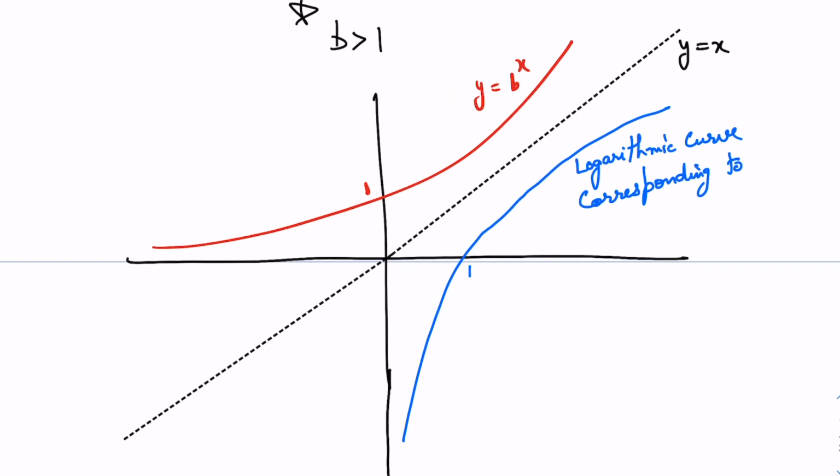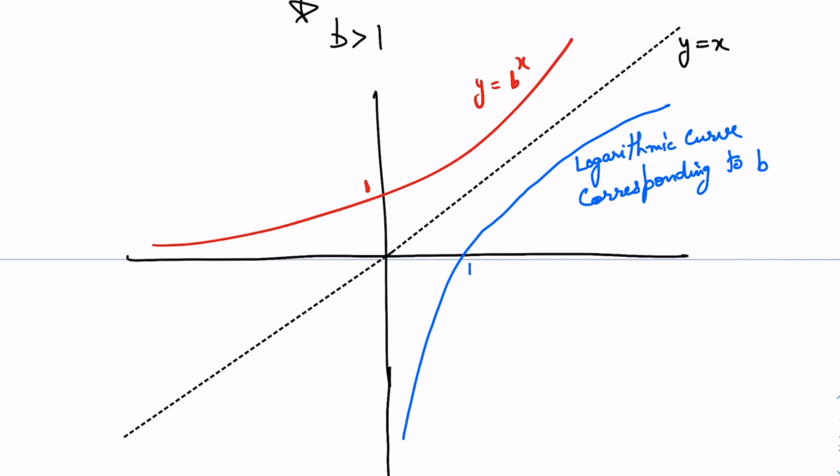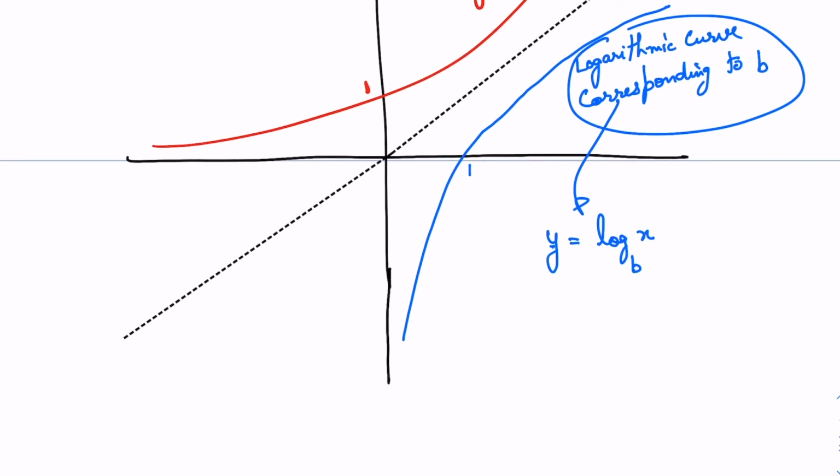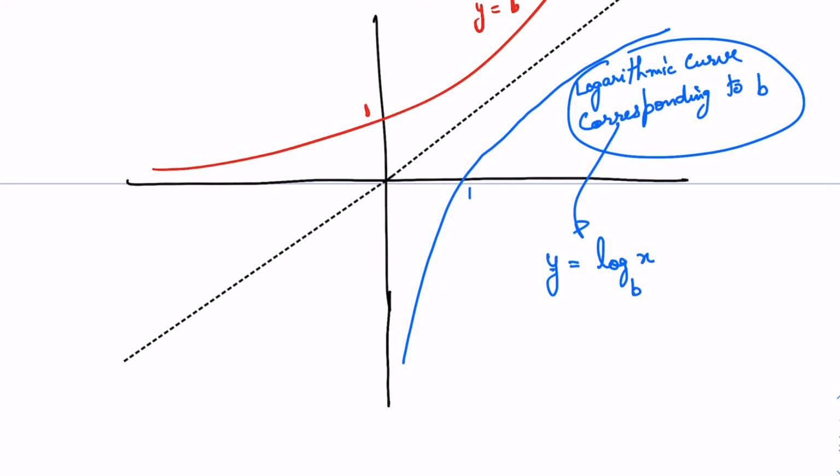Instead of saying all this, I'm just going to use a notation, and that notation is log x, and the base we hide here. This is just a notation: log of x base b. So this is the meaning of logarithm.